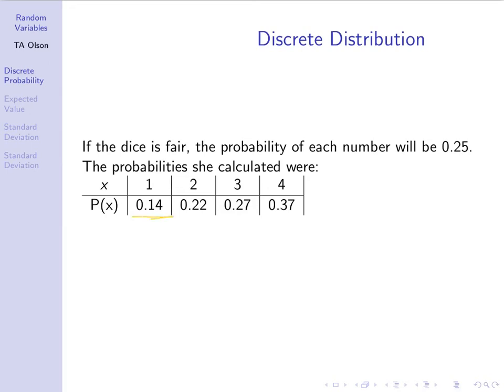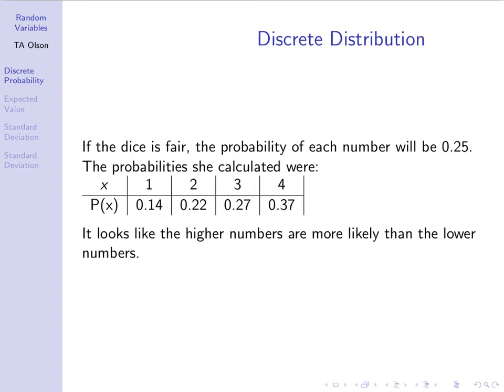She rolled a 1 with a probability of 0.14, or 14% of the time, rolled a 2, 22% of the time, rolled a 3 with a probability of 0.27, and a 4 with a probability of 0.37. So it sure looks like the higher numbers are much more likely than the lower numbers. Much more likely to roll a 4 than a 1, more than twice as likely, almost 3 times. So this indicates that the die may not be fair.